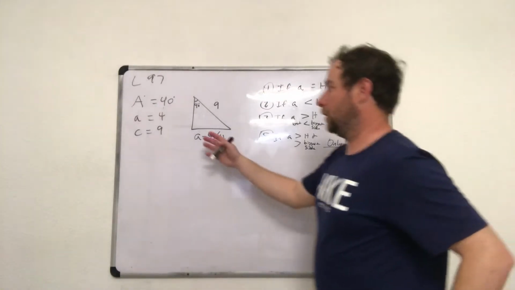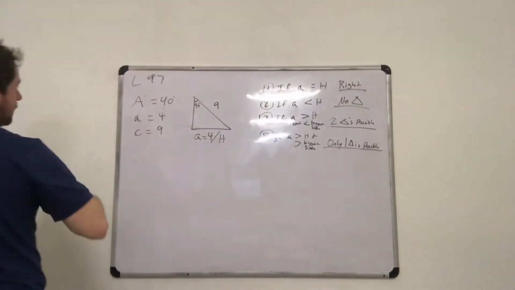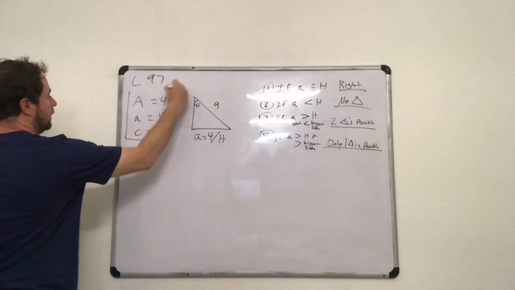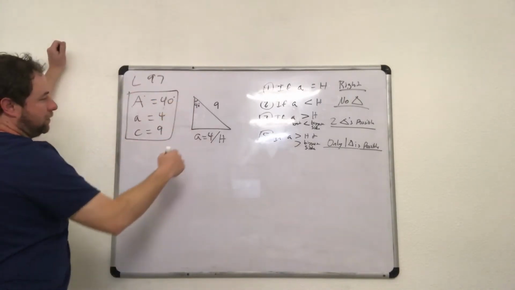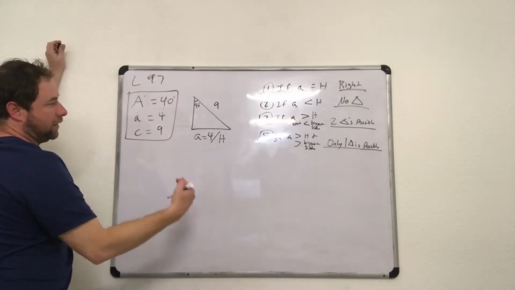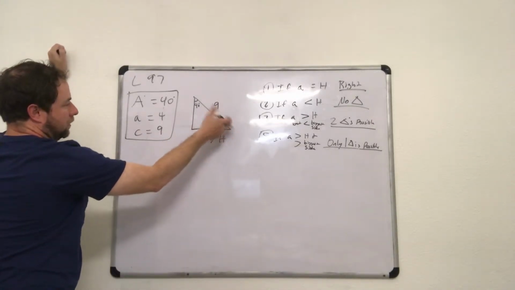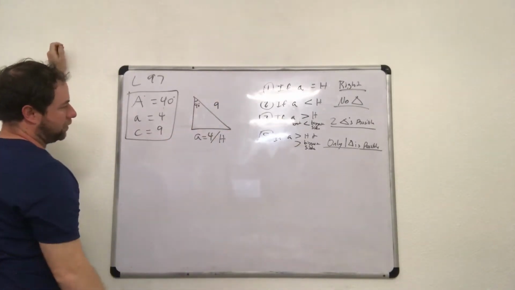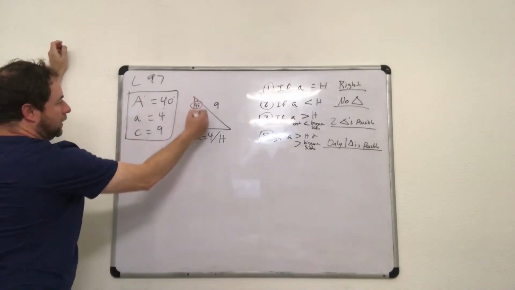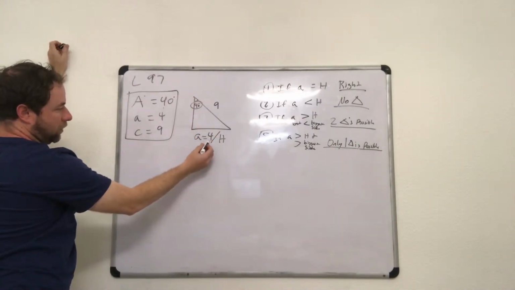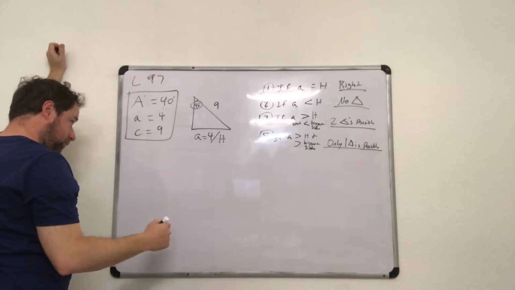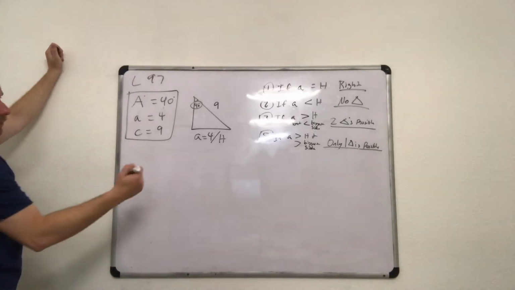So they gave us this right here, and we drew a triangle. We don't know what kind of triangle it is, and that's what we're trying to figure out. We're going to put 9 here, what looks like the hypotenuse. We have 40 degrees, and opposite the 40 degrees, we're going to put A and H. So we're going to use a sine problem.